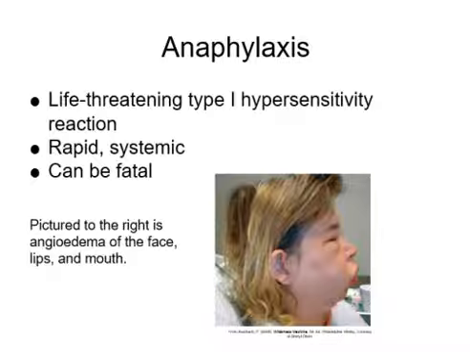Even though a bee stung me in my right hand, my blood pressure's dropping from my fingertips to my toes, right? So it's affecting my whole body, and it can be fatal. There's a picture here of some angioedema with that facial swelling, which can sometimes accompany anaphylaxis.